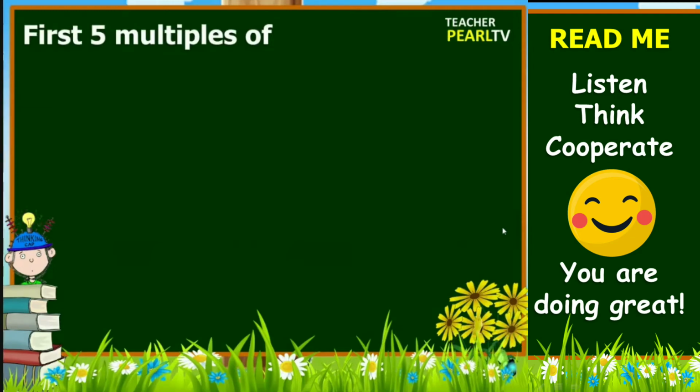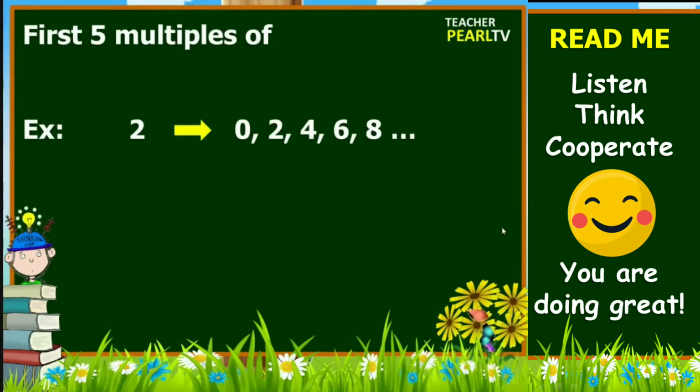Remember, when you are asked to get the first 5 multiples of a number, you have to include 0. Example, 2. The multiples are 0, 2, 4, 6, and 8. Next, multiples of 5.